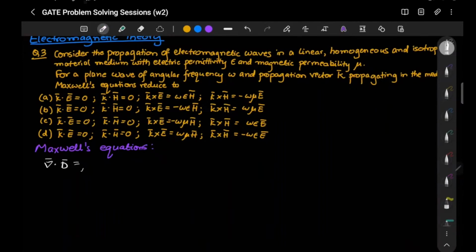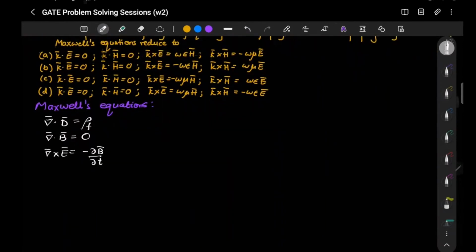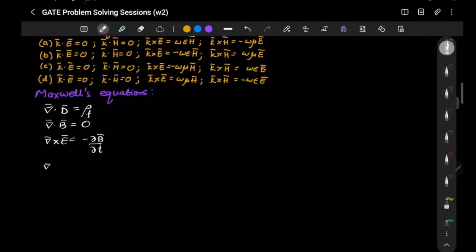So first equation is del dot D, then next equation is for del dot B, which is equal to 0. Then we have curl of E and how it's related to the time derivative of magnetic field, and then curl of H and its relation to the time derivative of electric field.